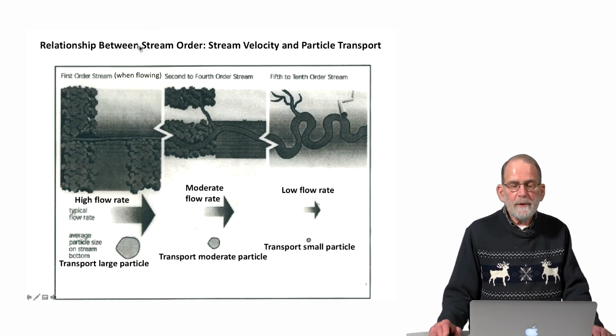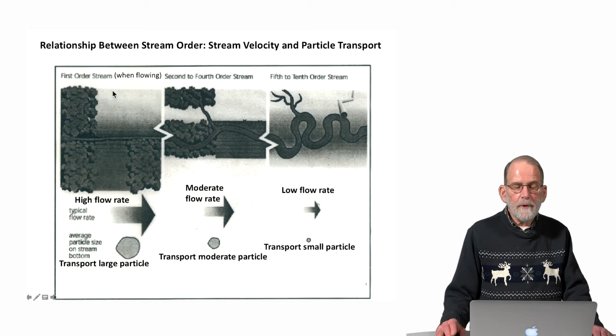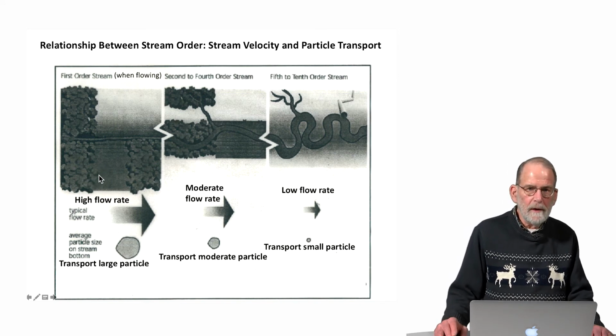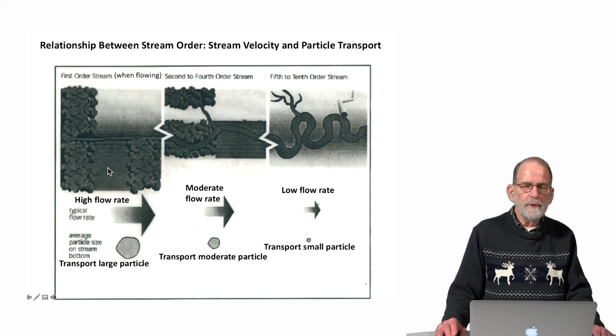There's a relationship between stream water and stream velocity and particle transport. The lower order stream channels, the first and second order channels, have a high rate of flow when they are flowing. The situation is, they don't flow all that often. They are not perennially flowing streams.